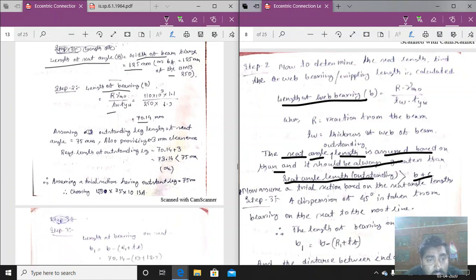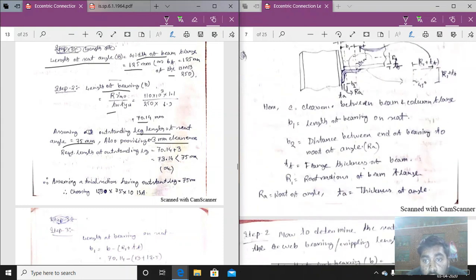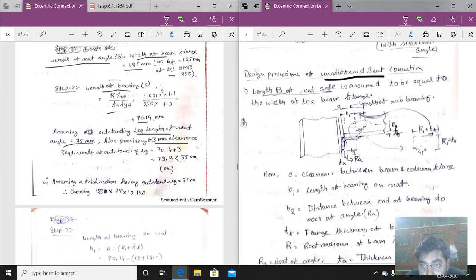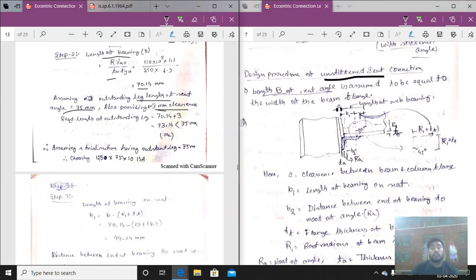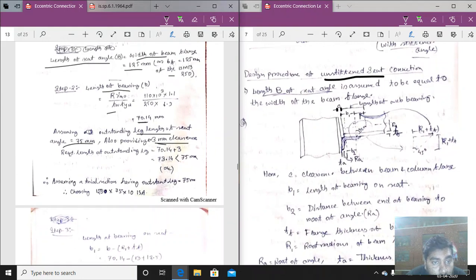So assuming an outstanding length of the seat of 75 mm, and providing 3 mm clearance, the value of c is 3 mm only. So b plus c is 70.14 plus 3, that is 73.14. It is less than 75.